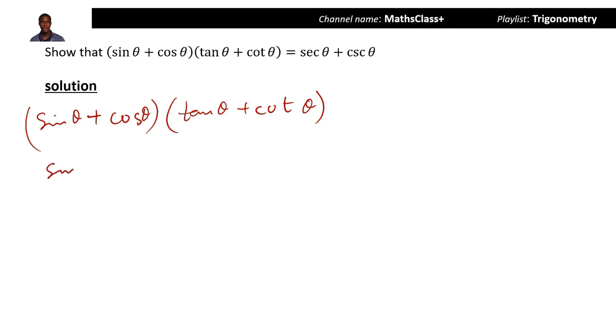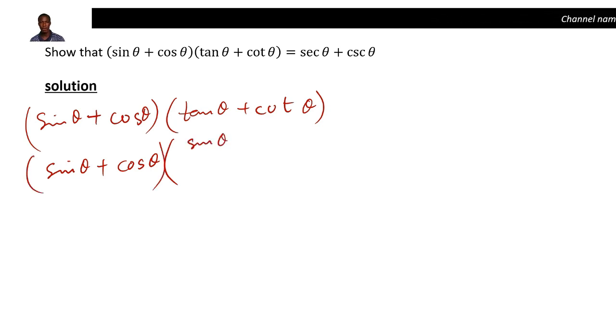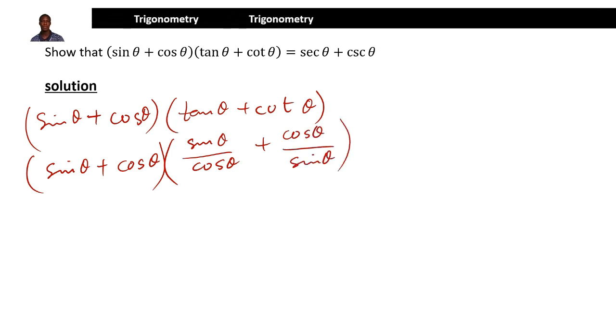So sine theta plus cos theta is multiplying sine theta over cosine theta, which is tan, plus cos theta over sine theta, which is cot.